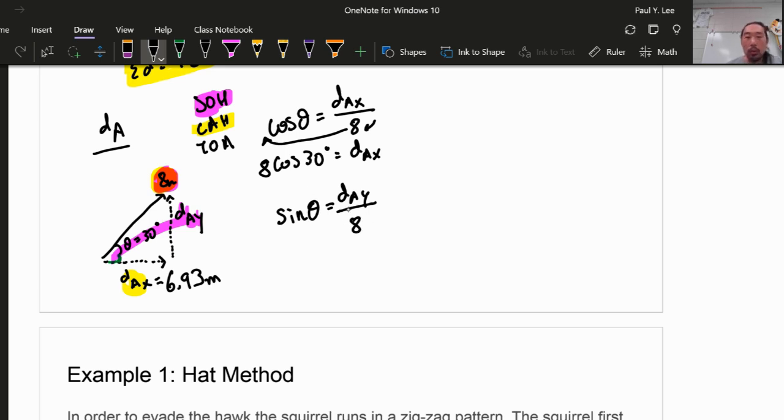So rearrange that. Once again, I'm going to take this denominator, multiply on the other side. So we have dAy is equal to 8 sine theta. And once again, I encourage you, pause the video, put this into your calculator yourself, see what you get. Make sure it matches up with what I have, 4 meters. No rounding there. Okay, now we're going to do the same thing at this point.